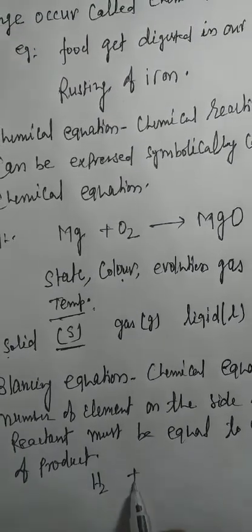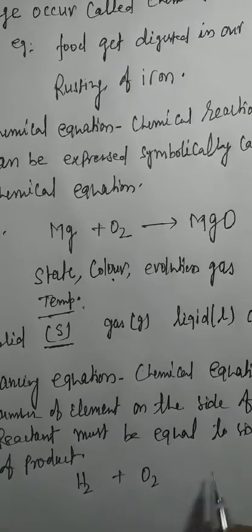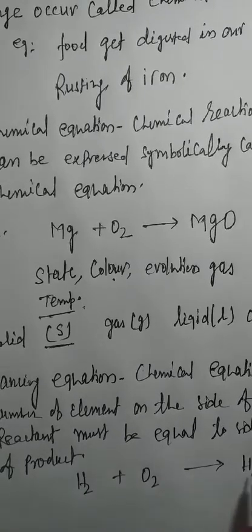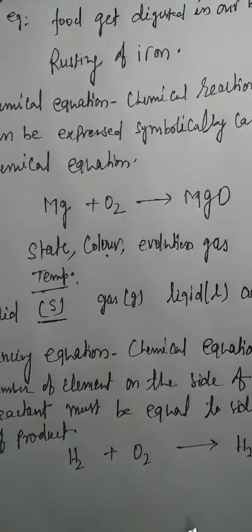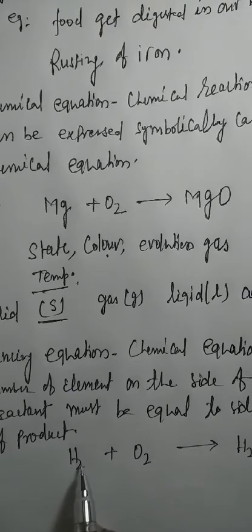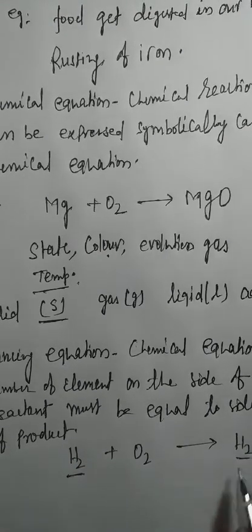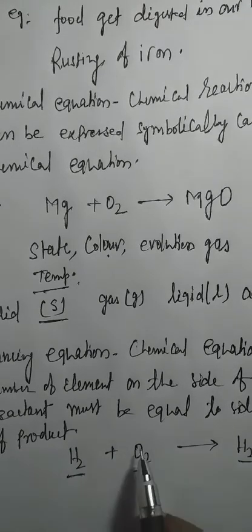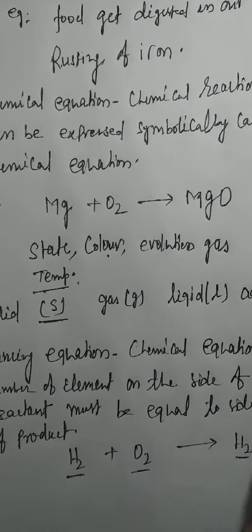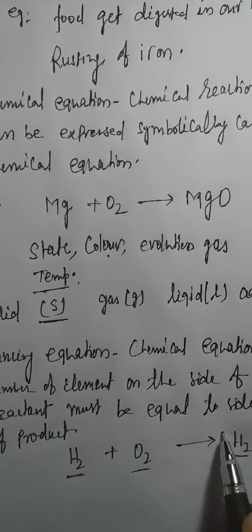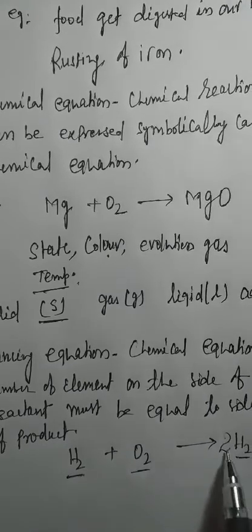You can take any example, but here we take the very simplest example. Hydrogen reacts with oxygen, it produces water. So how do you balance this equation? On this side there are 2 hydrogen atoms, and on this side also 2 hydrogen atoms. Oxygen here is 2 atoms, but on this side we find only 1 oxygen. What we will do is multiply by the factor 2.